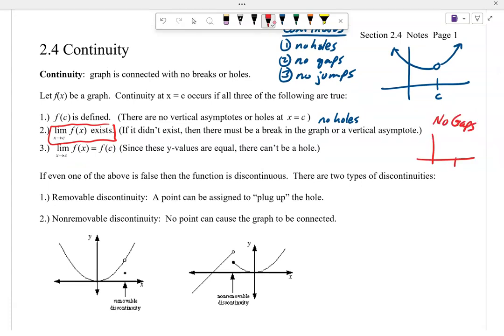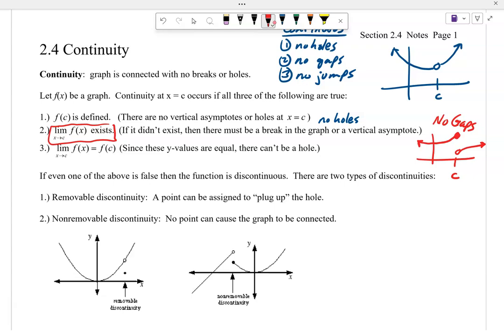For example, this would be a gap, right? We know the limit does not exist there. So the limit's got to exist. So number one, f of c's got to be defined, so no holes. Number two, the limit's got to exist, so no gaps, right?